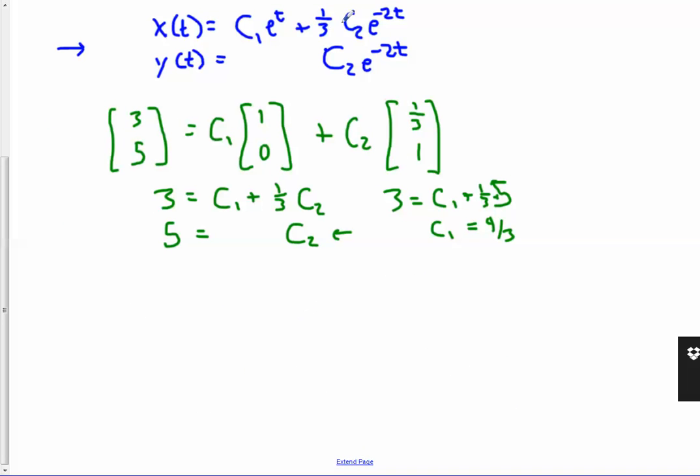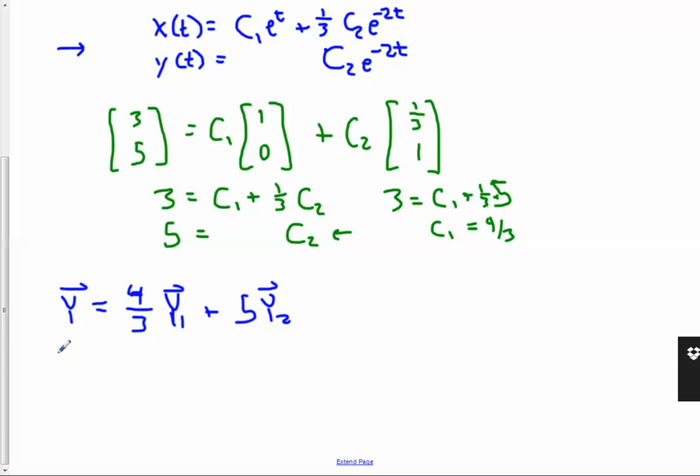And so my final solution, my specific solution, is that y equals 4/3 of that y1 plus 5 of the y2.